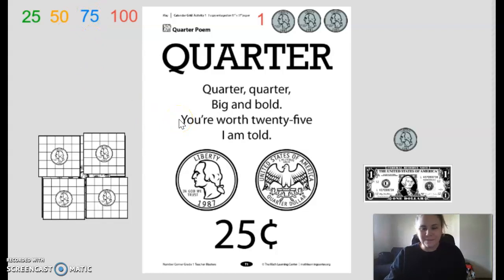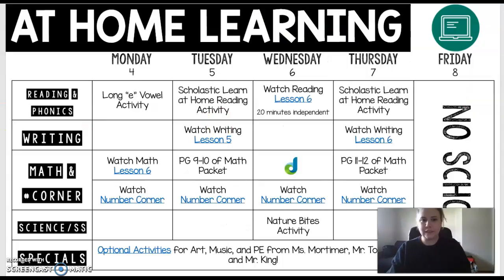All right, so we're going to keep collecting as our week goes. So here's our at-home learning schedule for today, Tuesday. You have the Scholastic Learn at Home activity. I don't believe there's a week 5 yet, so it's still week 4. So just click a different one that you can read. For writing today, watch lesson 5.